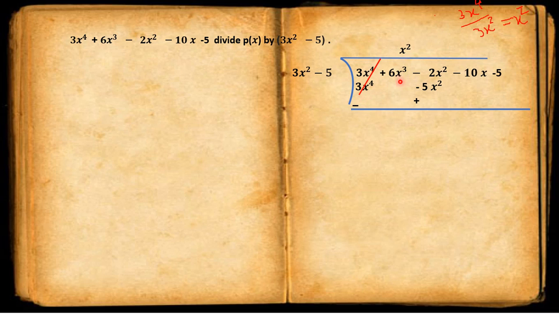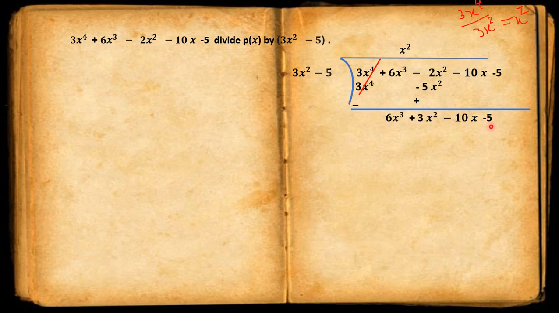For the rest of the terms, minus 2 and plus 5, 5 minus 2 is 3. So the quantity we are getting here is 6x raised to the power 3 plus 3x square minus 10x minus 5.